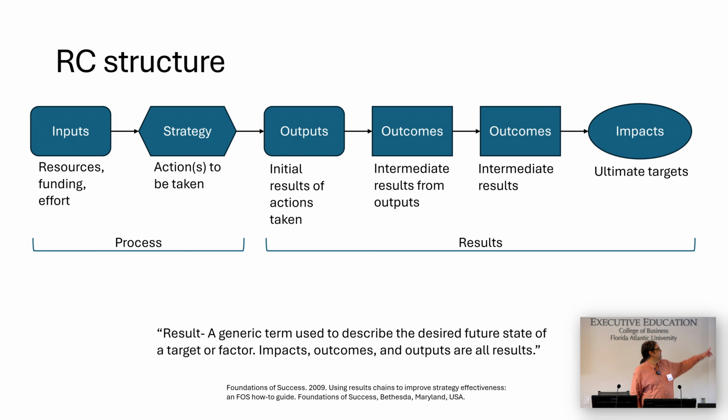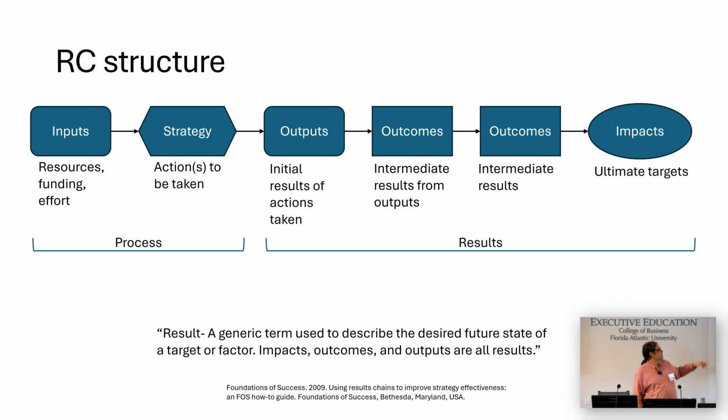On the left, you have your inputs such as resources, funding, effort, things that go into determining what type of decision you can make. In decision analysis, the inputs would be the decision context, like what are the alternatives available.